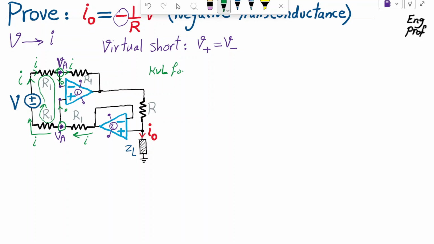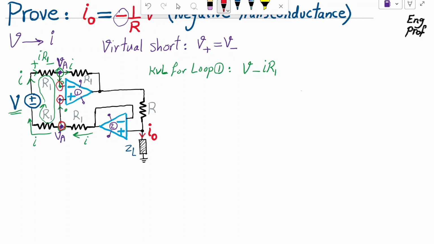KVL for loop 1, I can write voltage V, and then I have, as you can see, an IR1 drop across the first R1 resistor on top. So V minus IR1 drop. And then I get to the voltage here, which is the same voltage here.